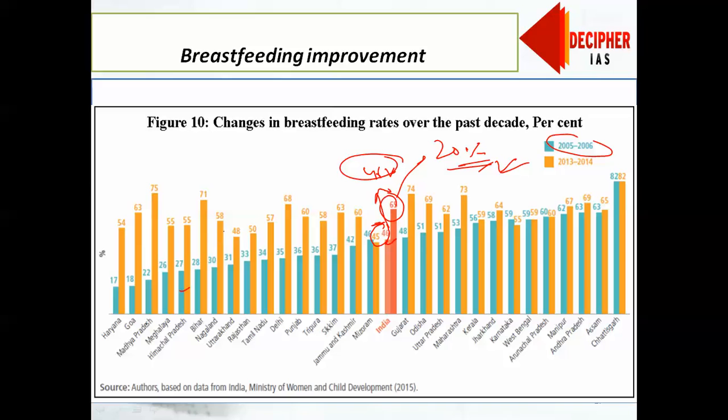The lower states have gained more. See here, Haryana. Only 70% breastfed children were there in 2005-6. But now in 2013-14 it has reached 54%. So where weak states have improved more.